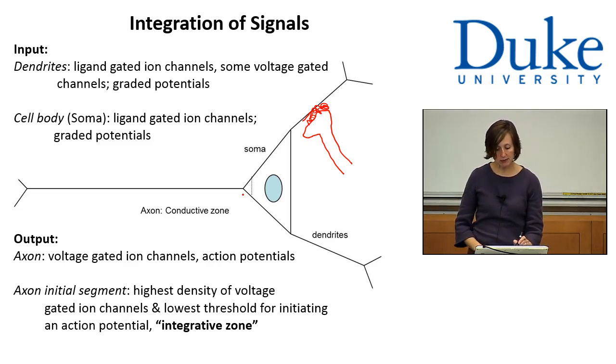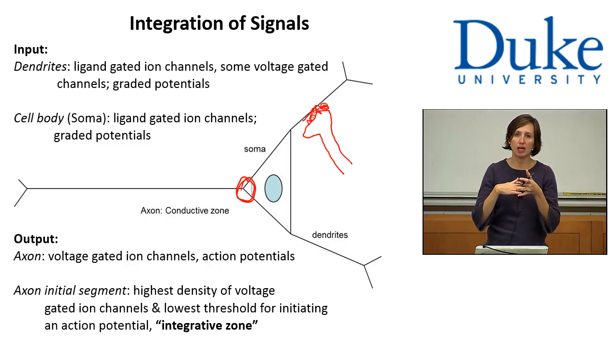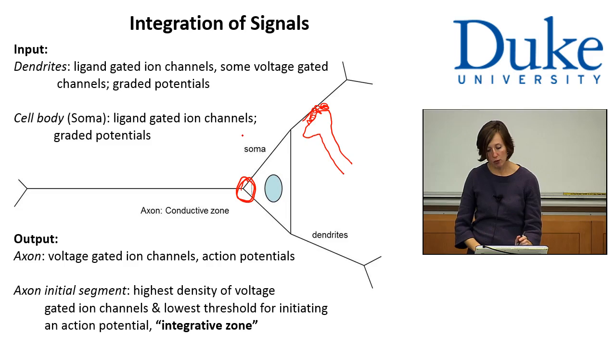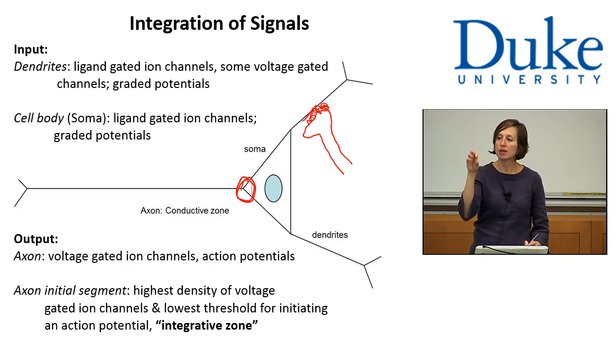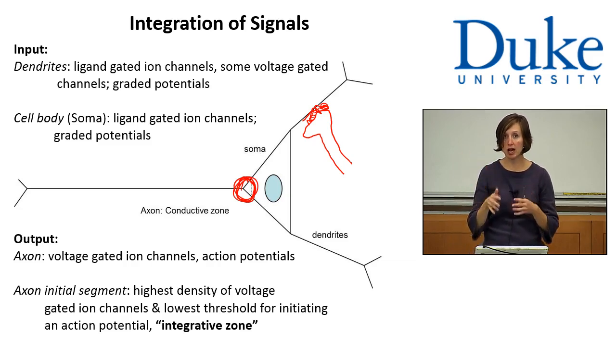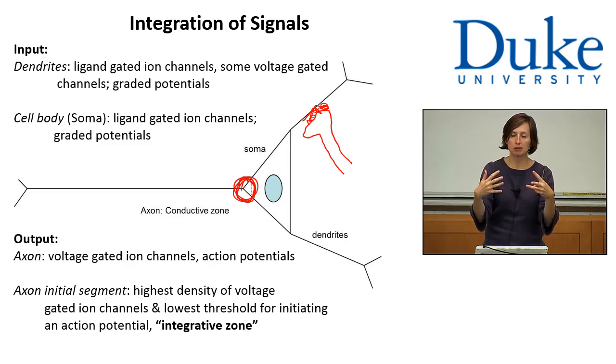And specifically right here at the initial segment, where that axon is meeting the cell body, is where you're going to have a super high concentration of these voltage-gated channels, so that if whatever's happening with the dendrites or the cell body with the forming graded potentials is great enough to get this little spot above threshold. Now remember, they're going to decay over time and space and be proportional to the stimulus, but if they're great enough, then we will cause an action potential.